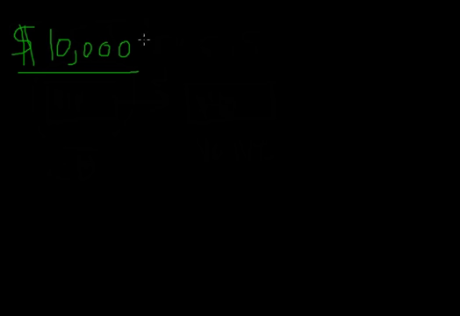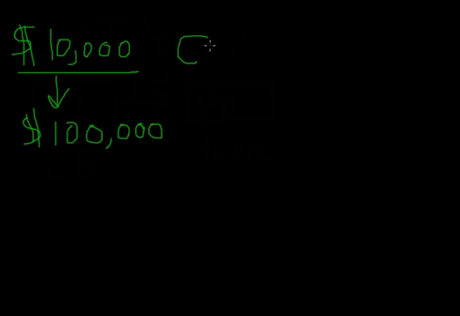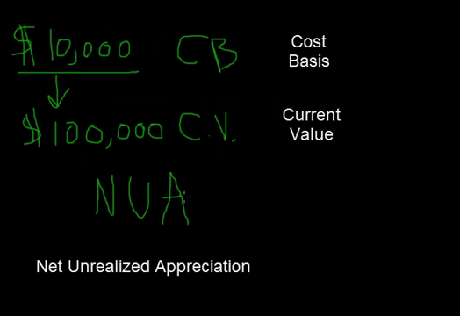And over the years, you were waiting for retirement, you turned 59 and a half, and this has grown and is now valued at $100,000. Okay, so this is your cost basis, and then this is the current value. Okay, now in here, there's something called your NUA, and that stands for Net Unrealized Appreciation.